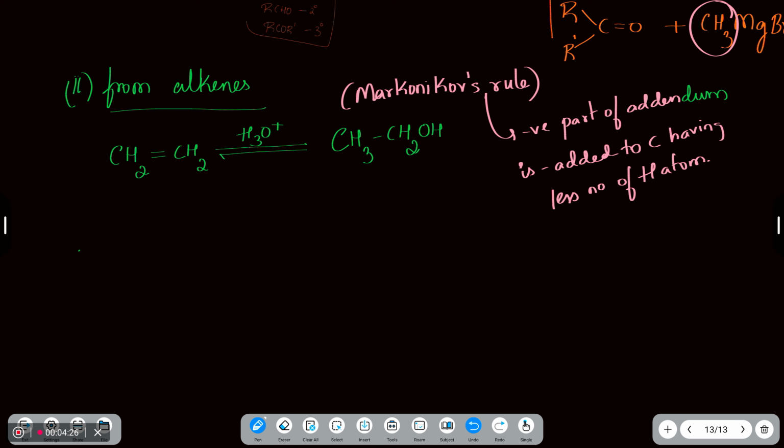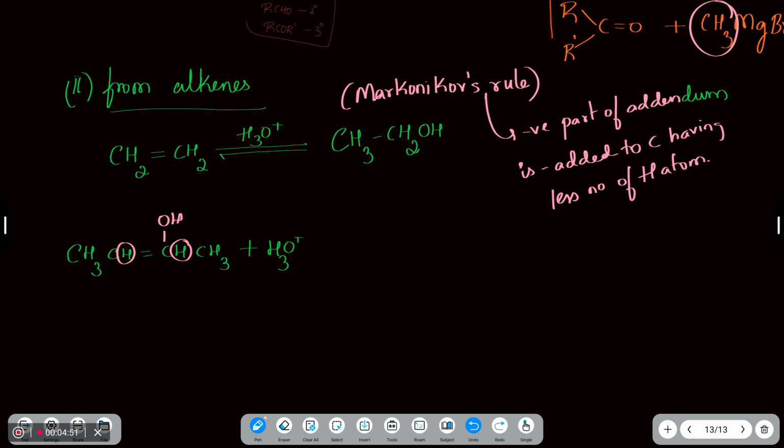For example, say I am taking CH3CH=CHCH3 and to this I am adding water. Will it make a change here? Any change you will see? You add OH over here or over this carbon, it means the same, right? Because both carbons have the same number of hydrogen atoms.